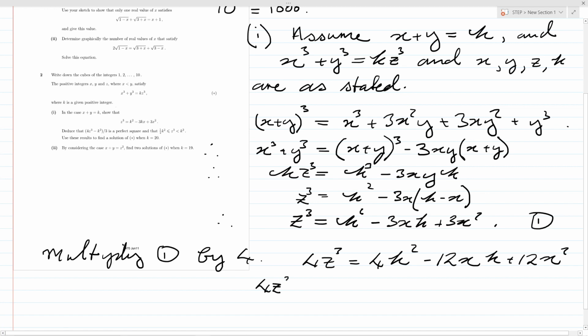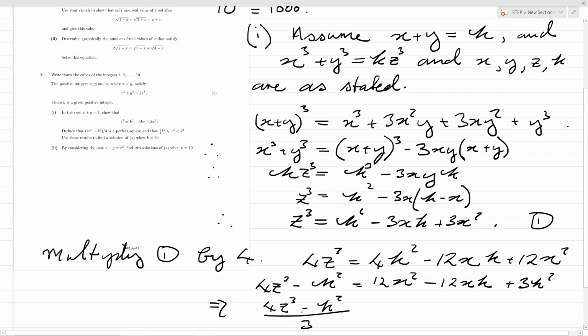So what we do is we subtract 1 out of k squared, and this is the clever bit, and then we get 12x squared minus 12xk plus 3k squared. Now we have a factor of 3 everywhere here, so that's convenient. So then what we can do is we divide both sides by 3, but that's what we get here.